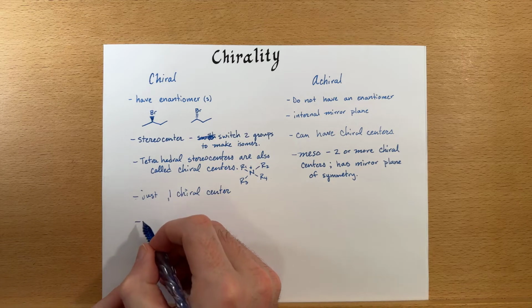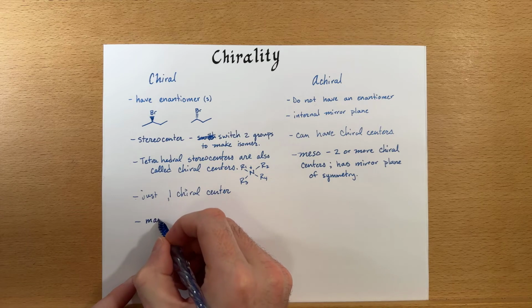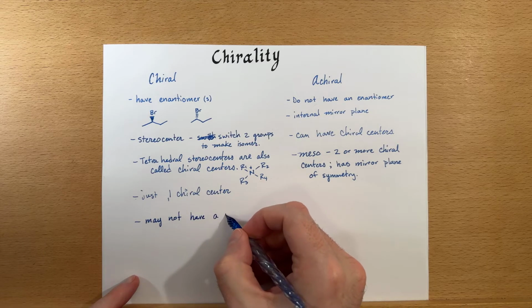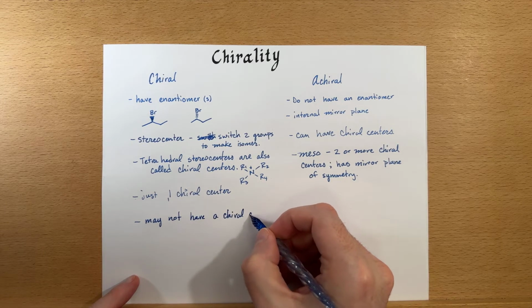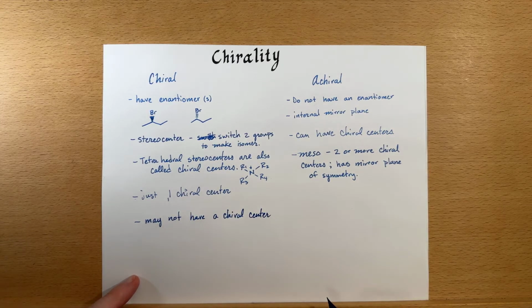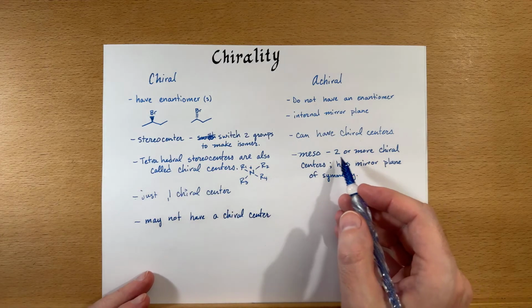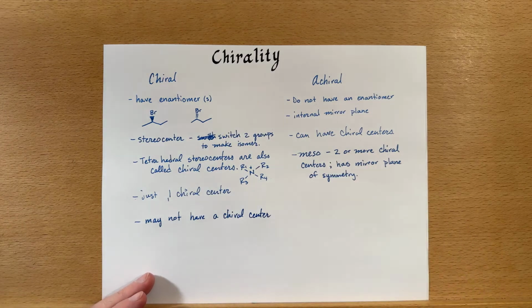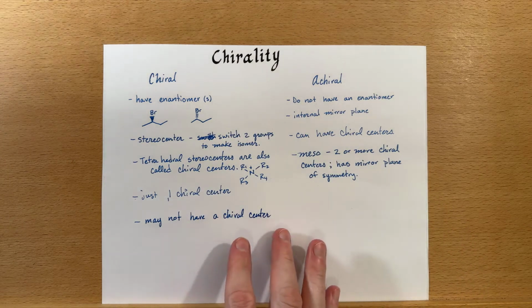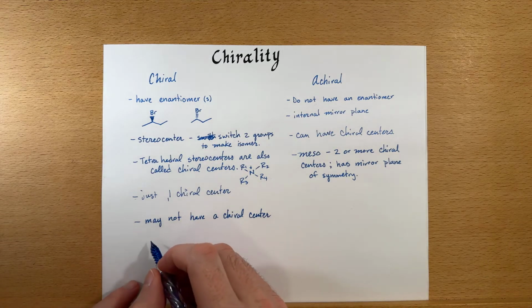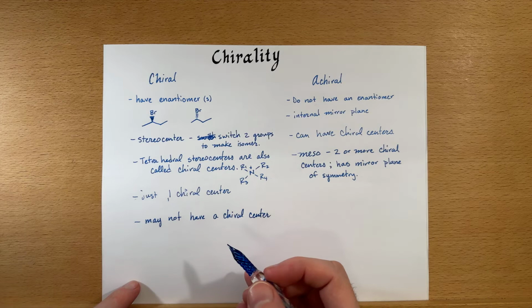That's true. Now, this is a little bit less likely to happen than the meso compounds. There's a lot of those. And there's a few that do not have a chiral center, but are chiral. And one such example is an allene molecule.